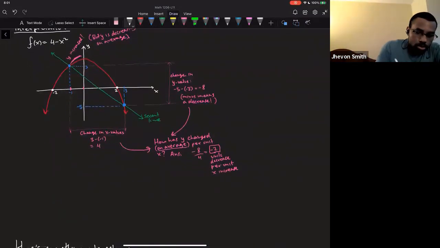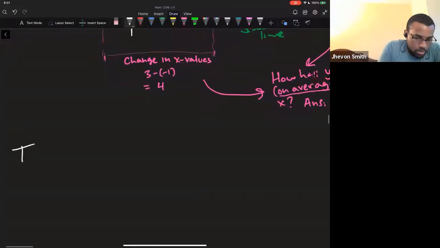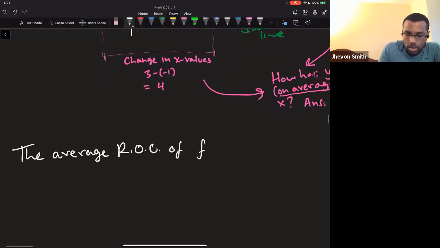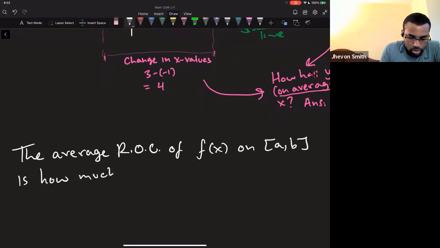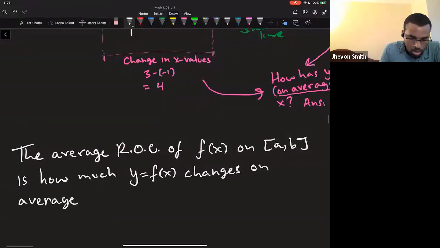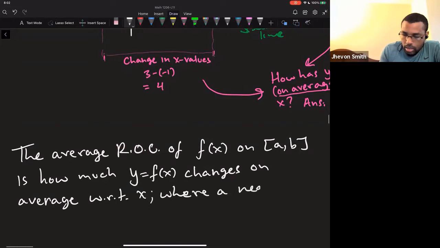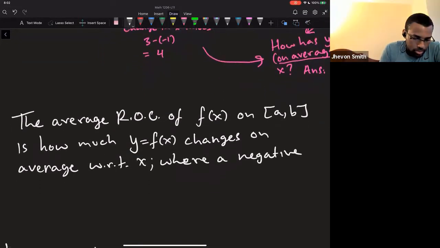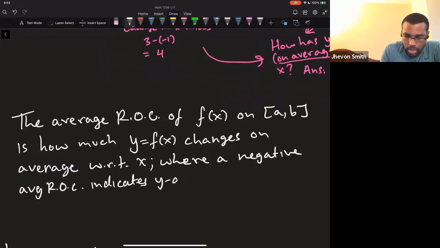So the average rate of change of f of x on AB is how much y equals f of x changes on average with respect to x, where a negative average rate of change indicates y decreased.